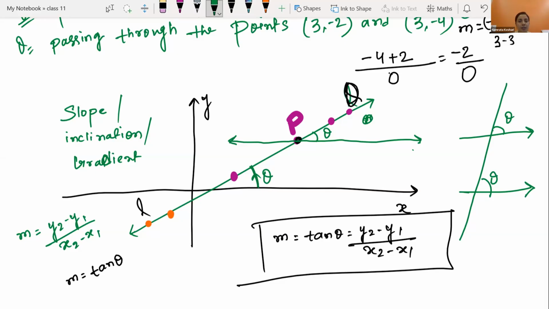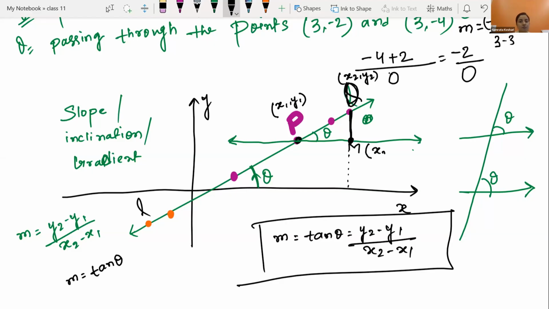We will be able to drop a perpendicular from Q like this, and we can name it M. Now you will see carefully. If we take the coordinate of point P as x1, y1, and coordinate of point Q as x2, y2, then you need to realize that at M, the x coordinate will be x2.